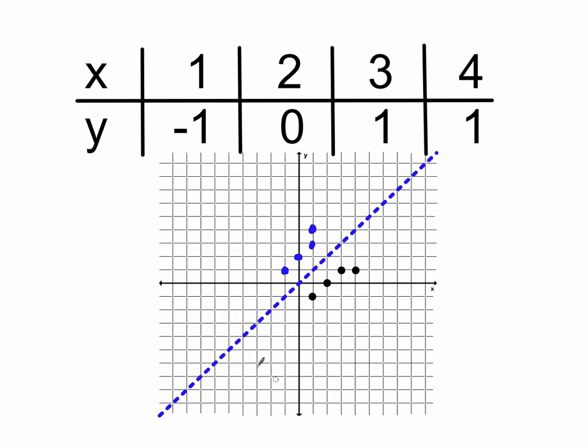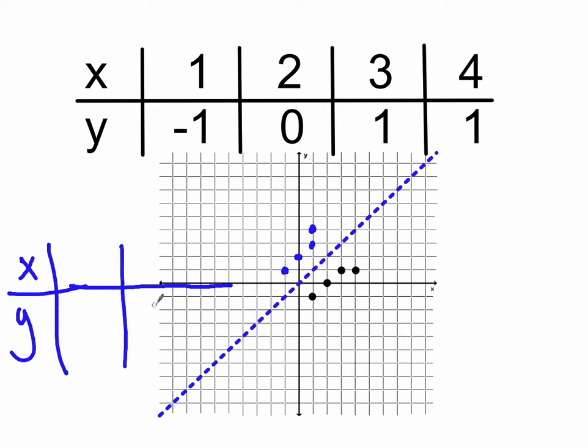In blue, I have the inverse relation of this function, and let's see what the values of each of these points are. So I'm going to create an xy table for my blue values. This one is going to be (-1, 1). This next one is going to be (0, 2), then I have (1, 3), and then I have (1, 4).